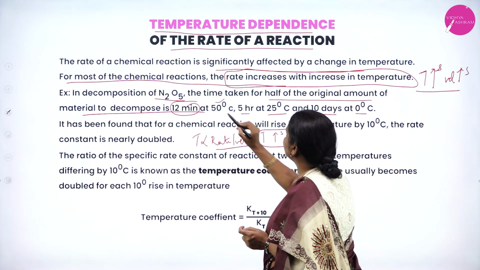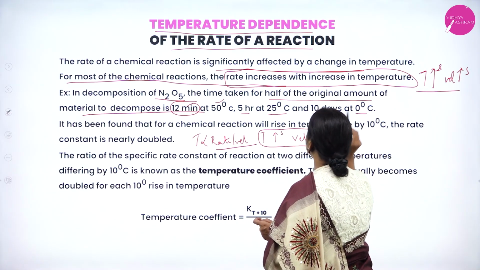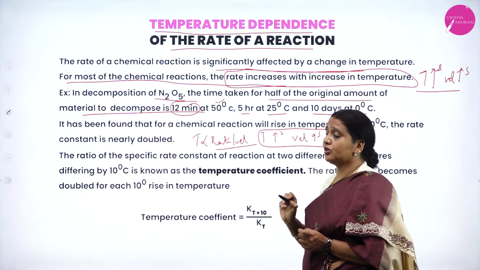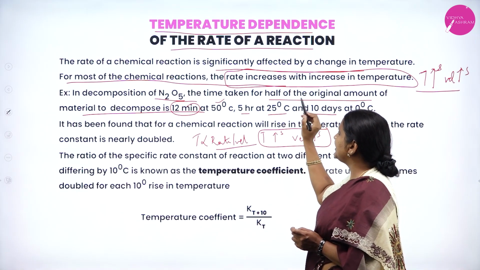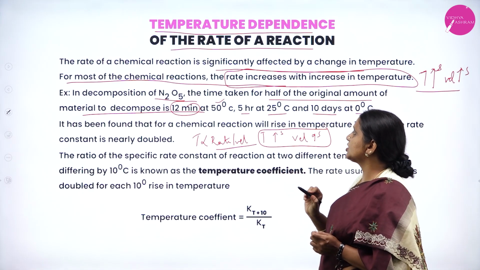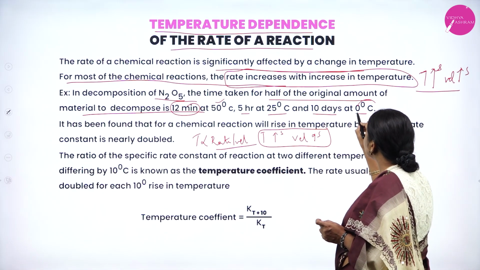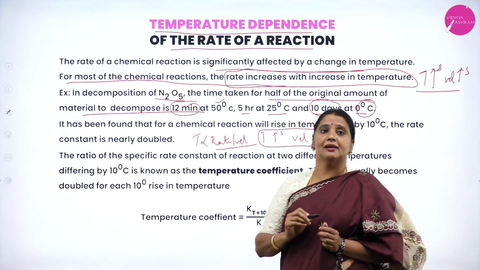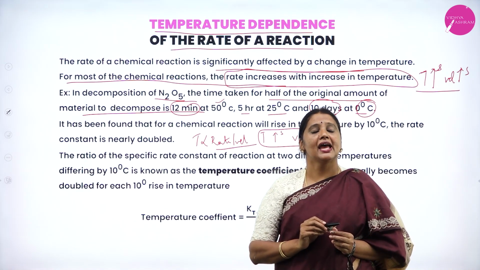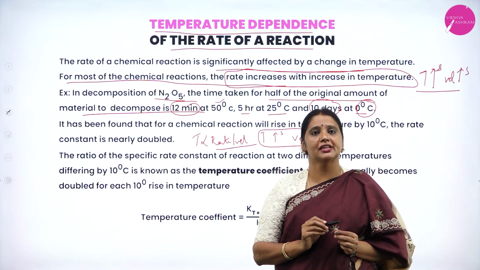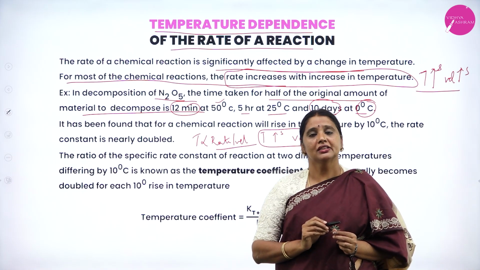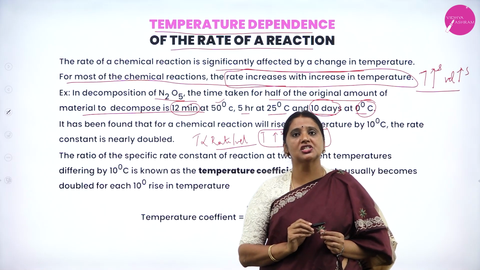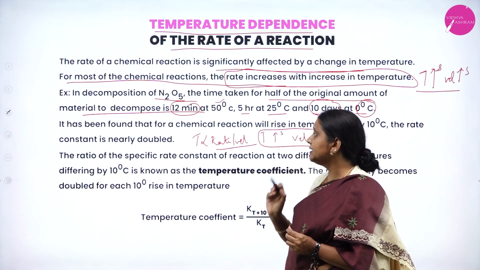If it is 50 degrees centigrade, the reaction completes in only how many minutes? 12 minutes. At 25 degrees centigrade, the reaction takes 5 hours. At 0 degree, it will take 10 days. Therefore, what does this example indicate? As temperature increases, the reactions also become fast. So the temperature increases, the velocity of a chemical reaction also increases.